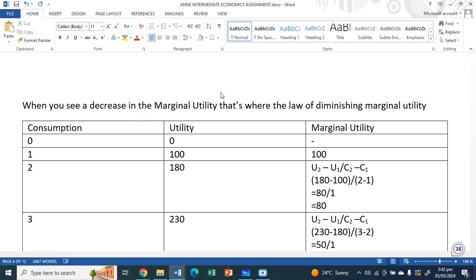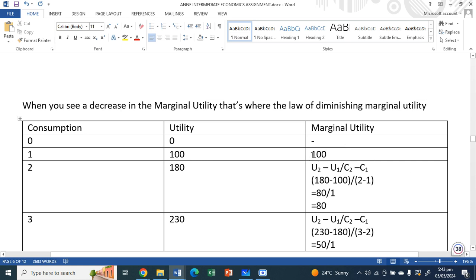Okay, according to this law, the more of one good you consume, eventually your total utility will reduce. That's just a simplified version of the law. All right. So whenever you see the marginal utility start reducing, that's where the law of diminishing marginal return starts.